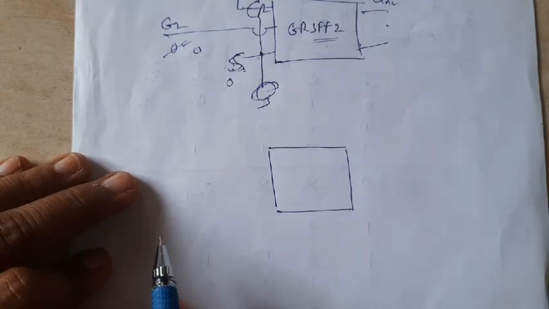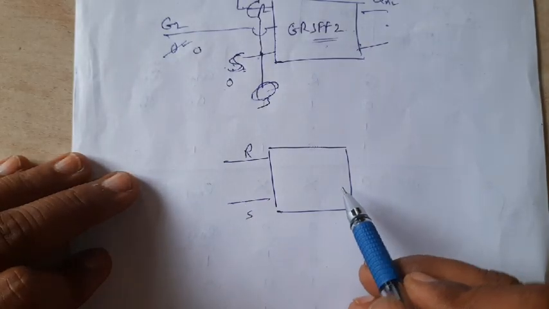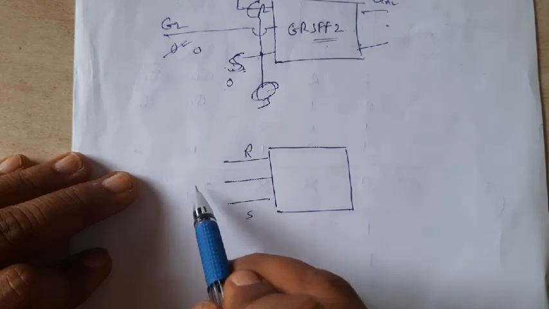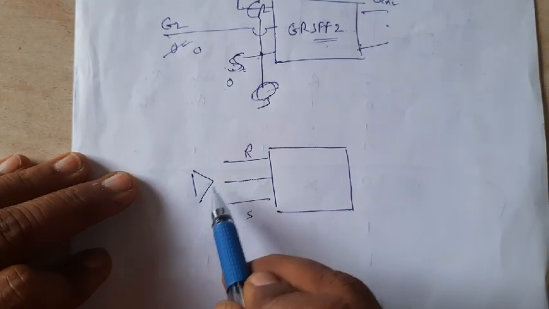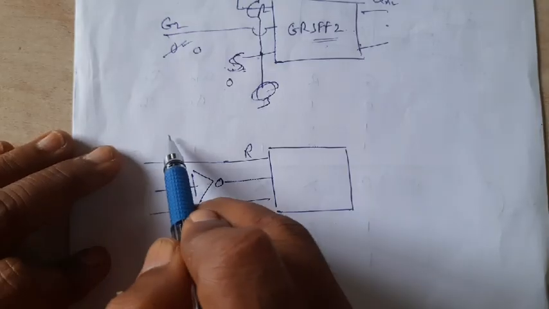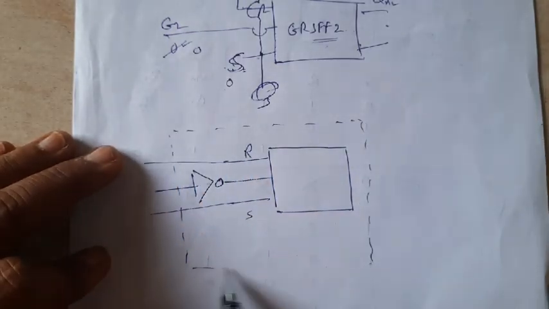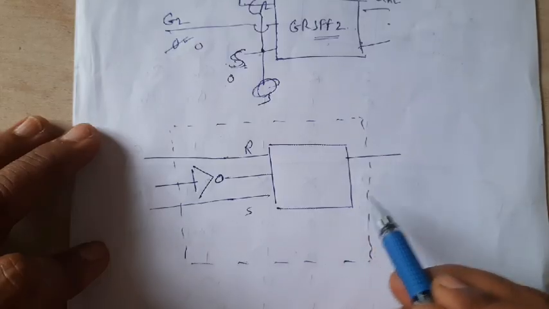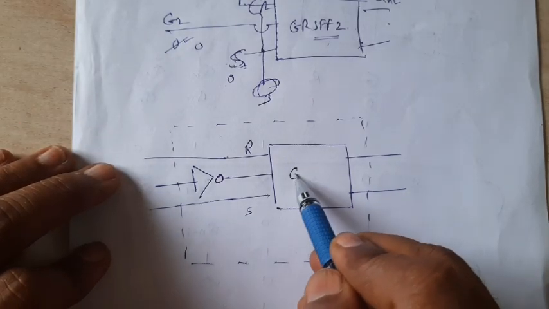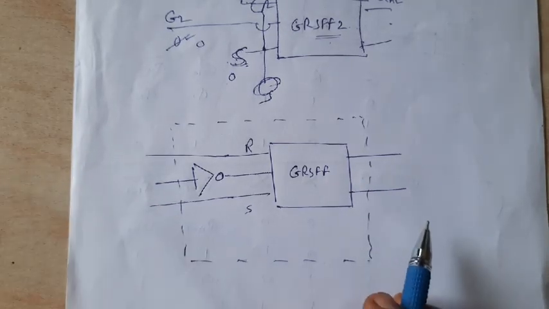Suppose this is my RS flip-flop with a gate, and if I connect a NOT gate and convert this flip-flop into this flip-flop. Now one more modification is there. Now this is gated RS flip-flop, right?